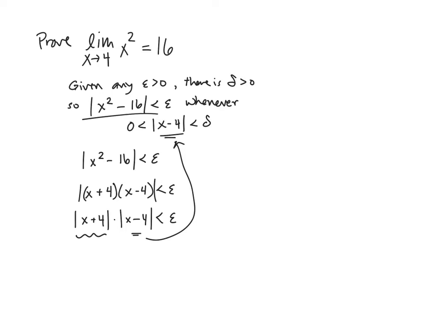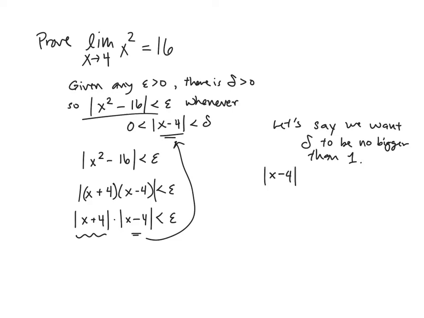Okay, so let's go ahead and say we want delta to be no bigger than 1. That means that |x minus 4| is going to be less than 1.